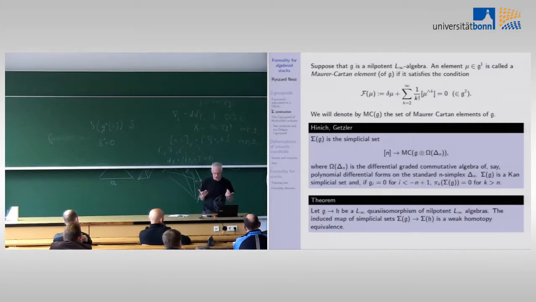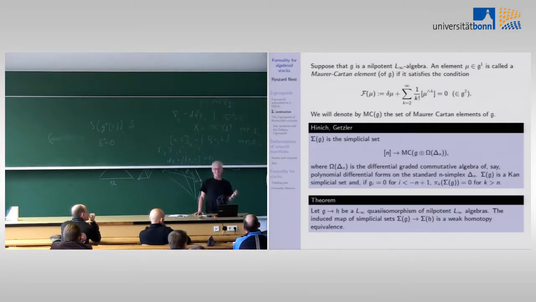The first construction is due to Hinich, and then Getzler reproduced it in slightly more general form, which is the following. It's a simplicial set, so for each n we get a collection of n-simplices. The way you construct them is that you look at G tensor, say, polynomial differential forms on the n-simplex.